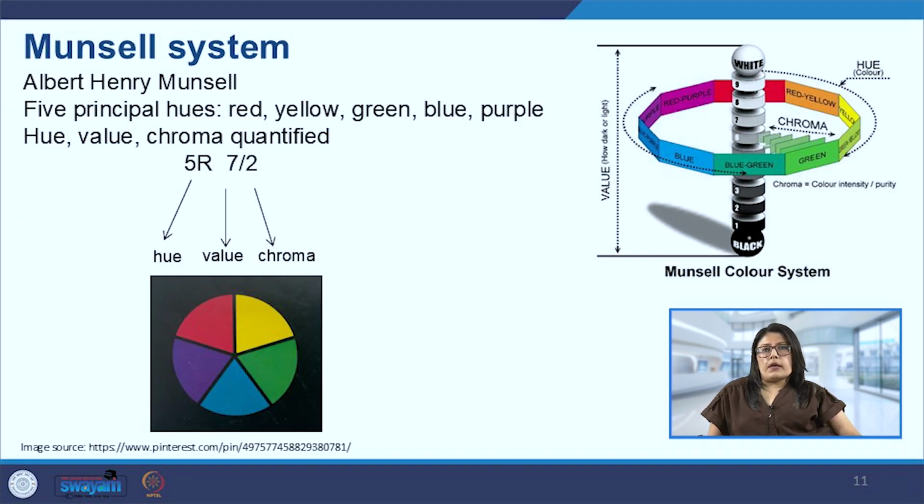This is by Albert Henry Munsell, and he provided us with 5 principal hues, which are red, yellow, green, blue, purple. The purpose of Munsell in coming up with this particular theory was that he wanted to quantify color. He wanted to understand color in such a way that we could use it in a more quantitative manner.